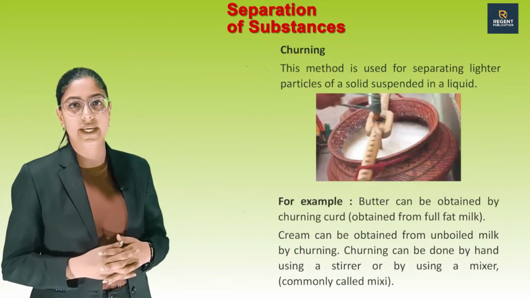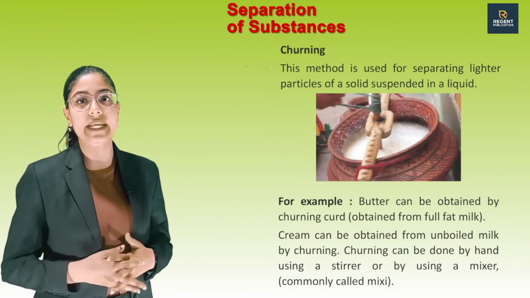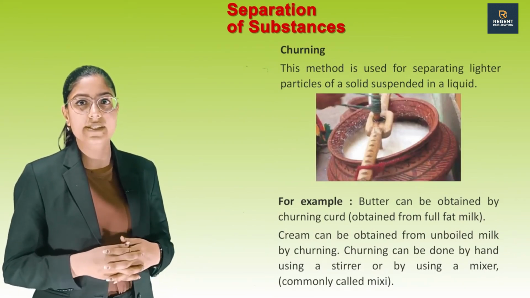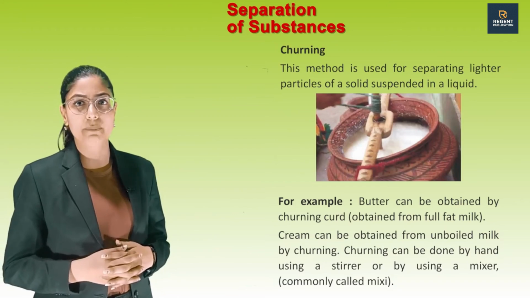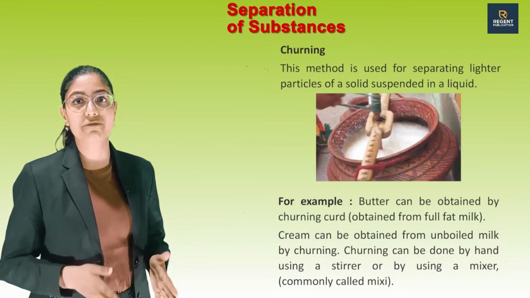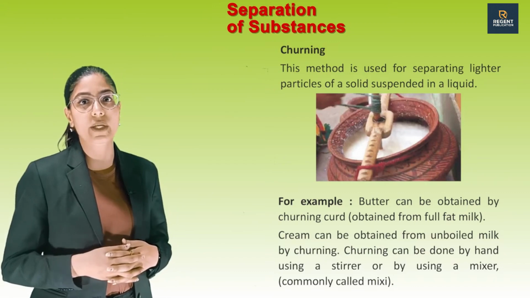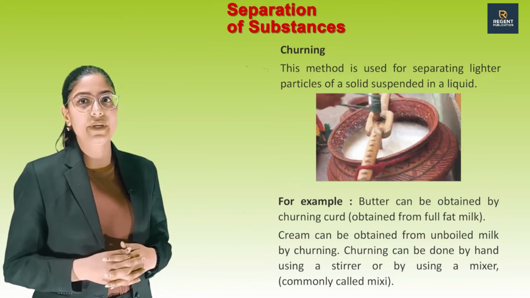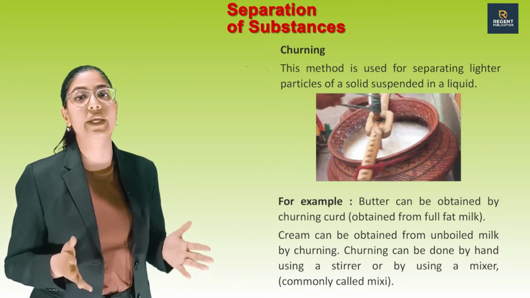Next is churning. This method is used for separating lighter particles of a solid suspended in a liquid. See this picture. For example, butter can be obtained by churning curd, obtained from full fat milk. Cream can be obtained from unboiled milk by churning. Churning can be done by hand using a stirrer or by using a mixer, commonly called mixie.